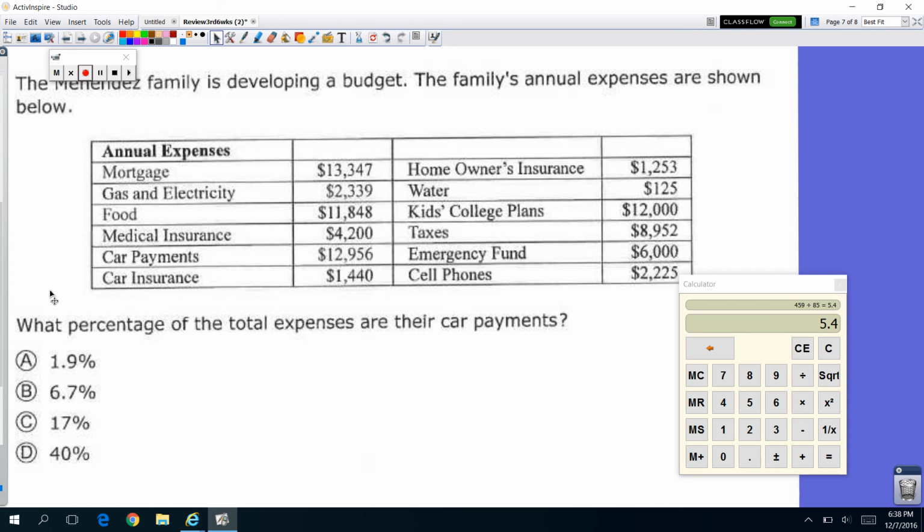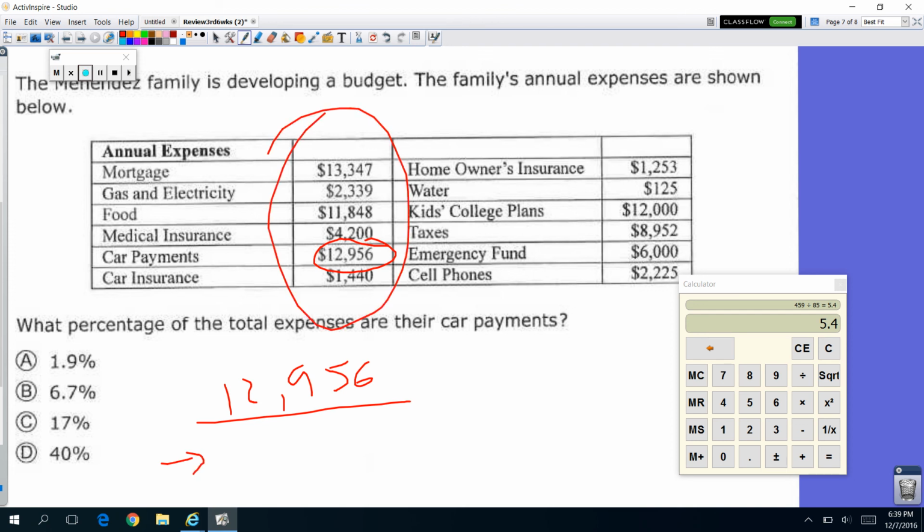So what percentage is the car payment? That really means this is the part that you're looking for, and the total is everything, all the expenses.